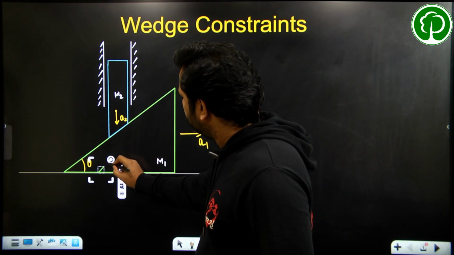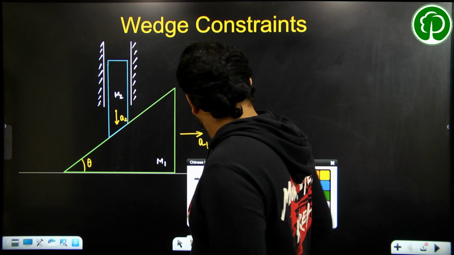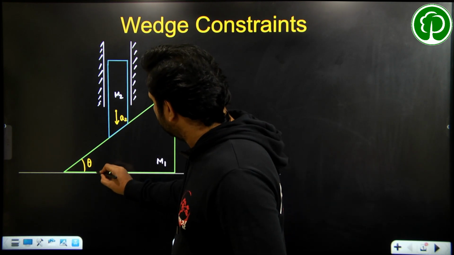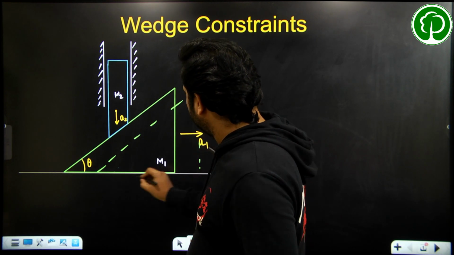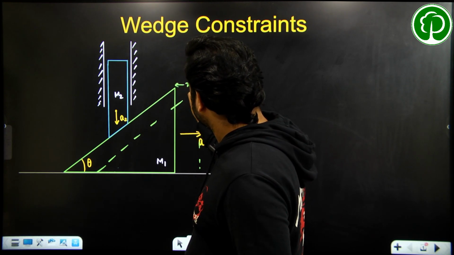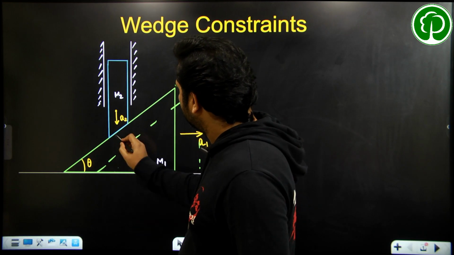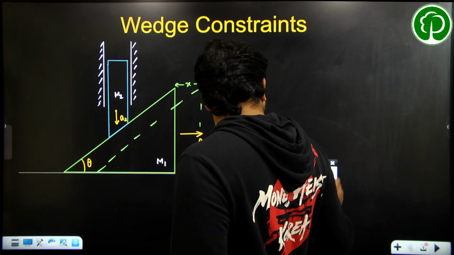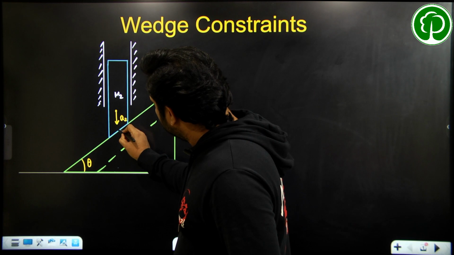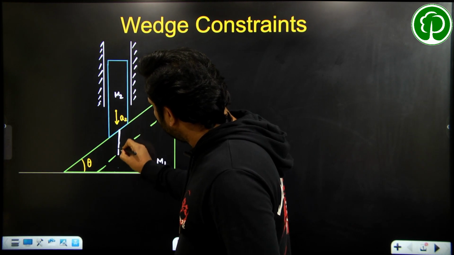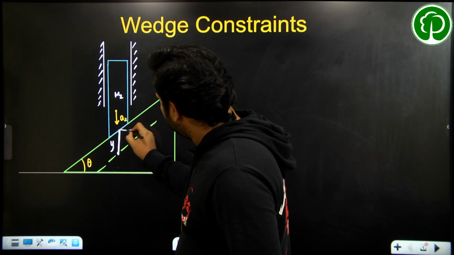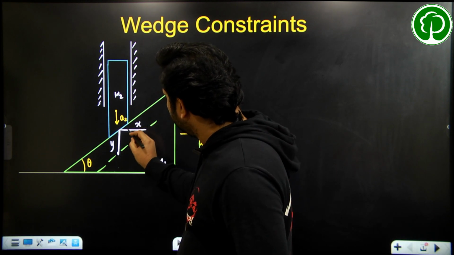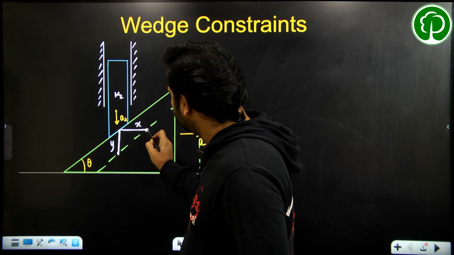Say after some time has elapsed, the wedge has moved by a small distance x. Now the block m2 has a vertical displacement of y. So this is y and this is x, the horizontal displacement. Consider this point on the wedge.